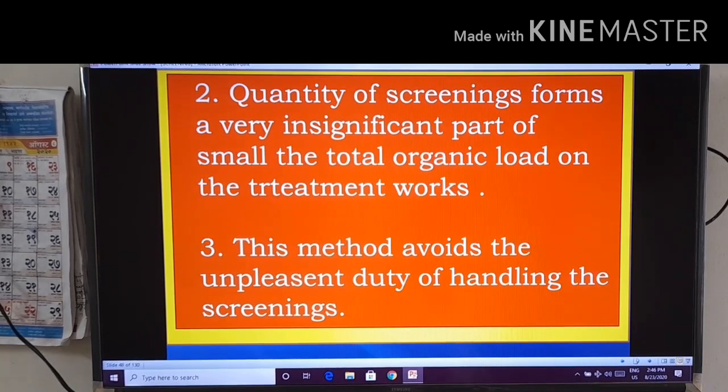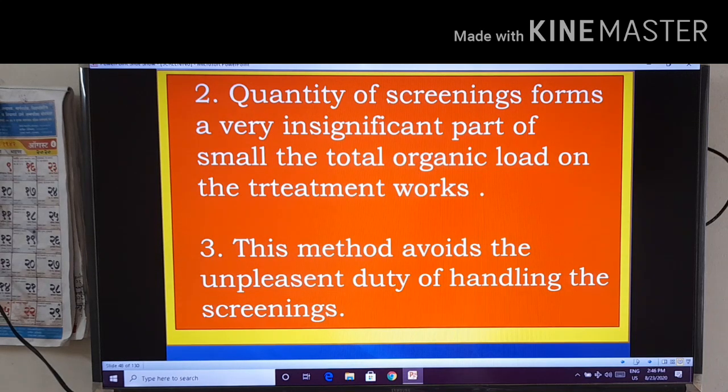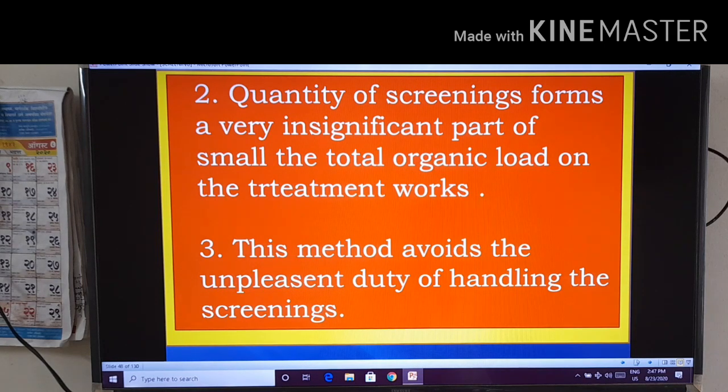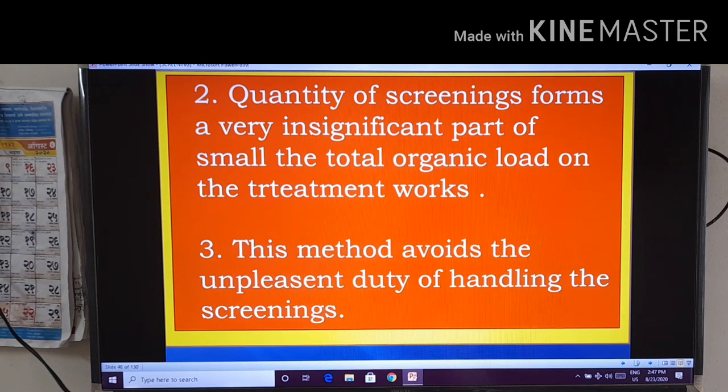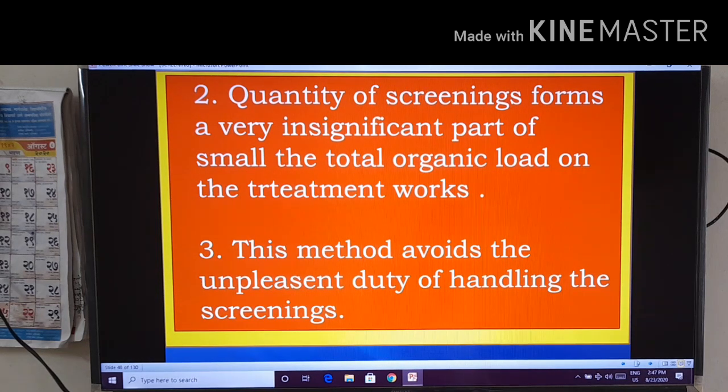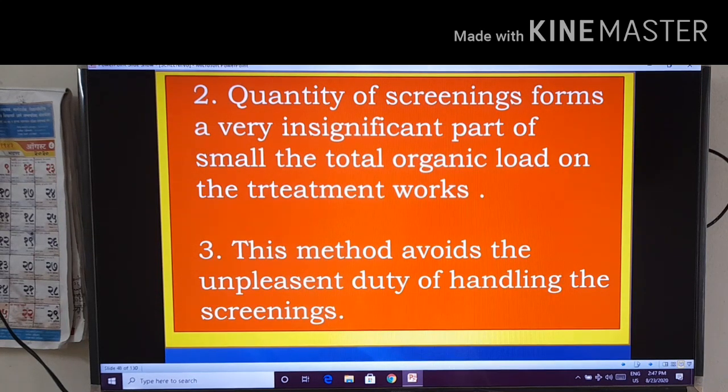Second, the quantity of screenings forms a very insignificant part of the total organic load on the treatment works. Third, this method avoids the unpleasant duty of handling the screenings.